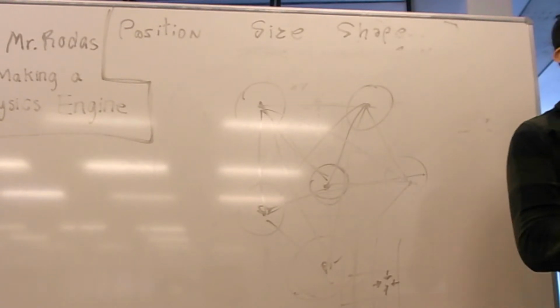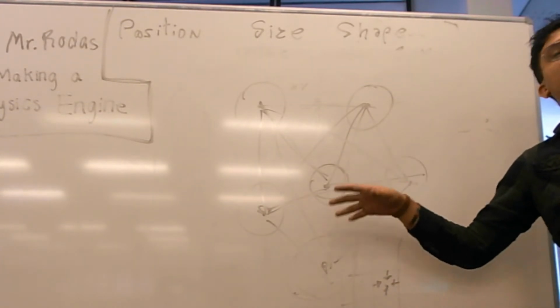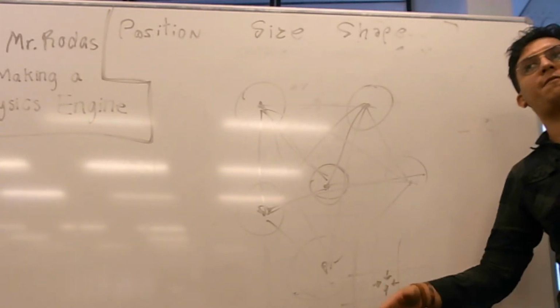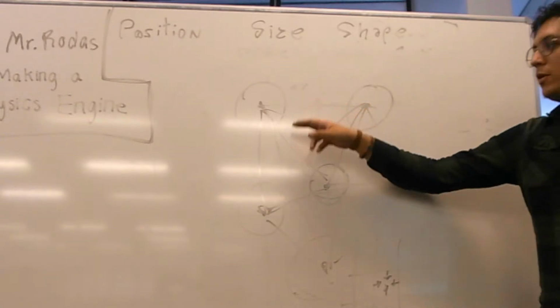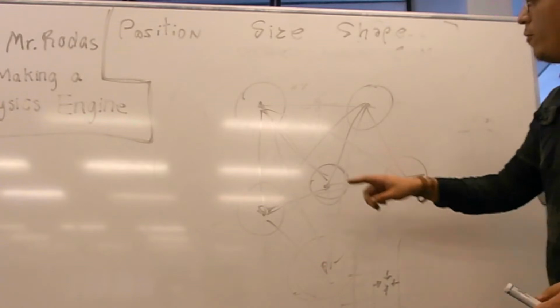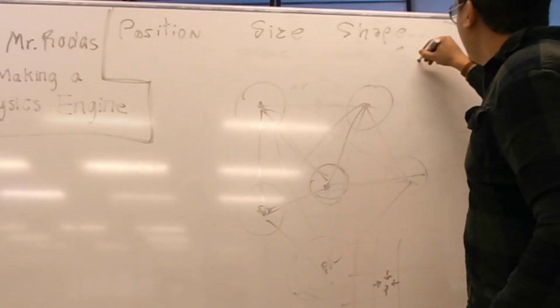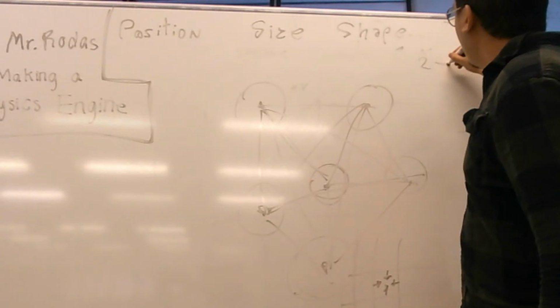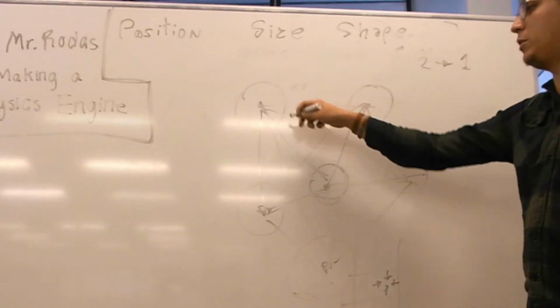But it is very beautiful when you see how inefficient this is and how easy it is to make it not that inefficient. Let's just count this real quick. For two items, we have to do one calculation, because we just check the distance between this guy and this guy.